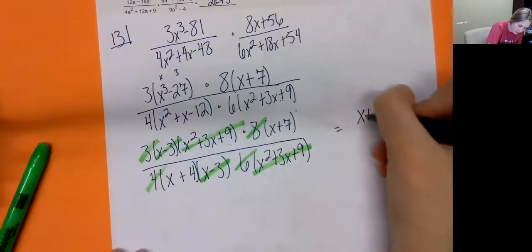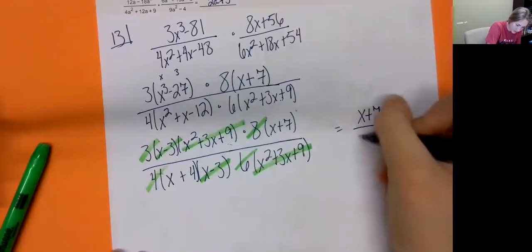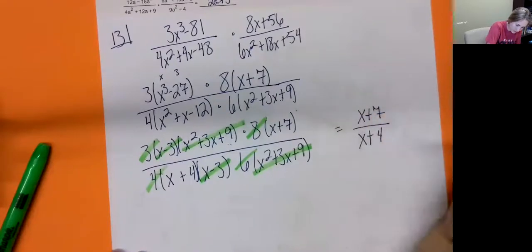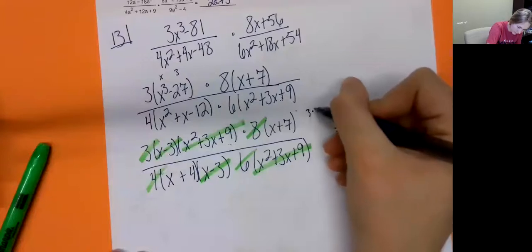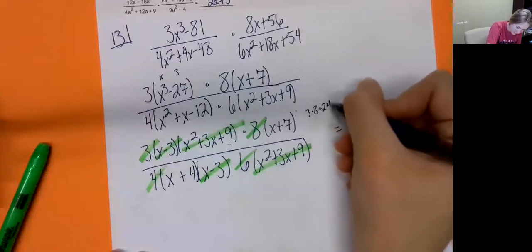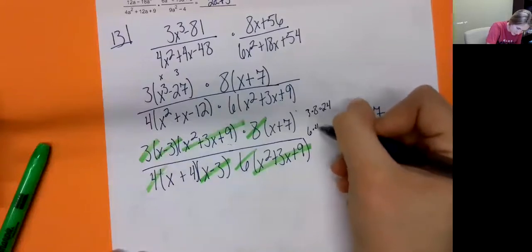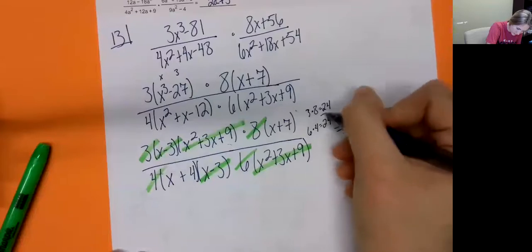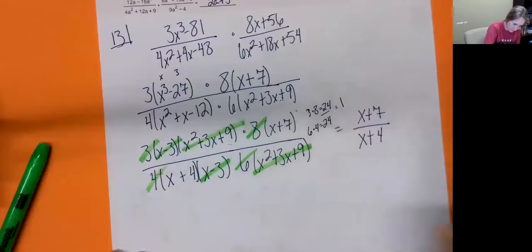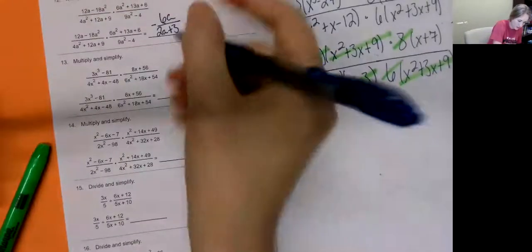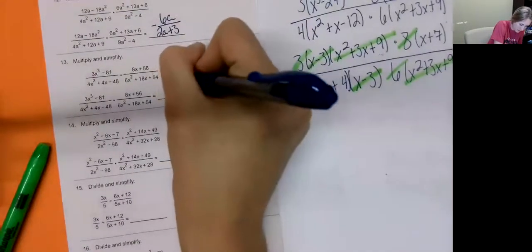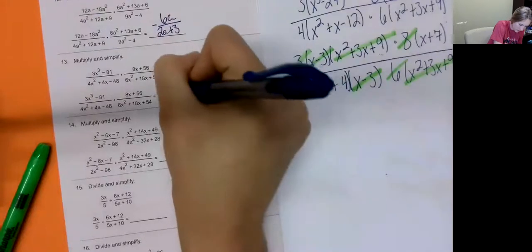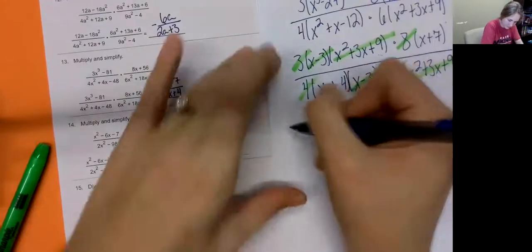So we have x plus 7 divided by x plus 4.